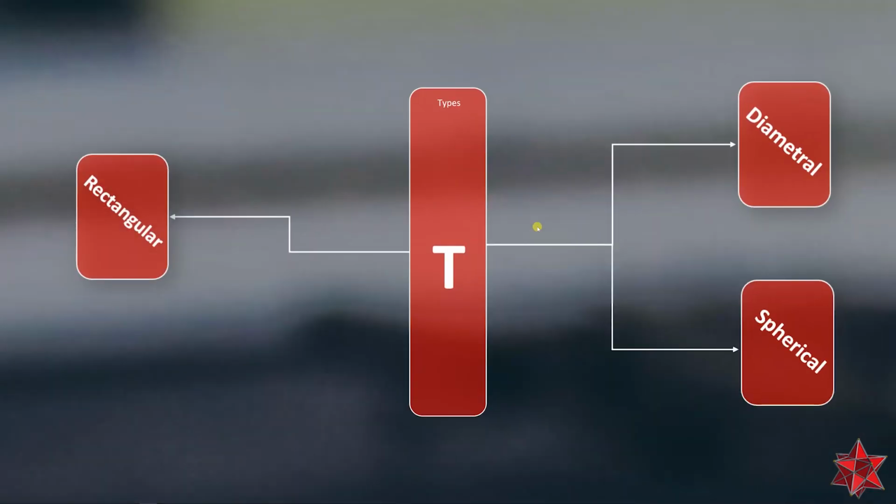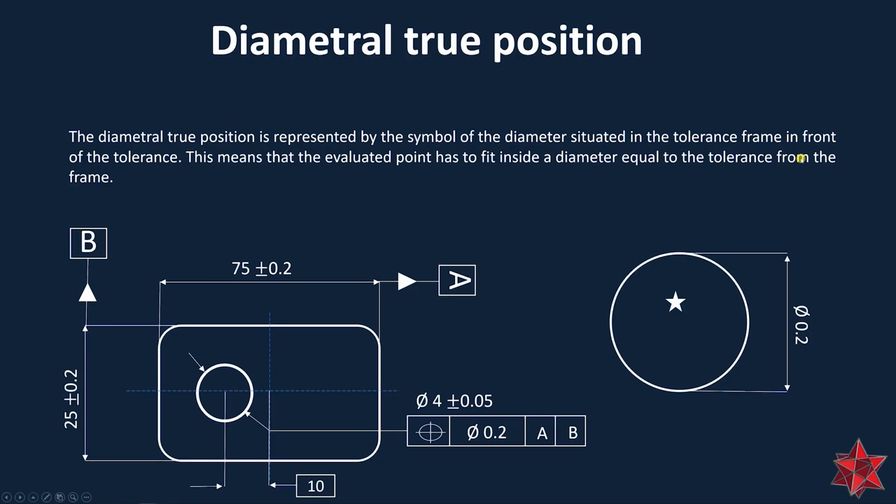Okay, now let's see the diametral true position. So the diametral true position is represented by the symbol of the diameter situated in the tolerance frame in front of the tolerance. This means that the evaluated point has to fit inside the diameter equal to the tolerance from the frame. And here we have the example, a rectangle type part with a hole in it that has to be at 10 mm from datum A and at 0 mm from datum B. And that's how you will evaluate the true position of 0.2.